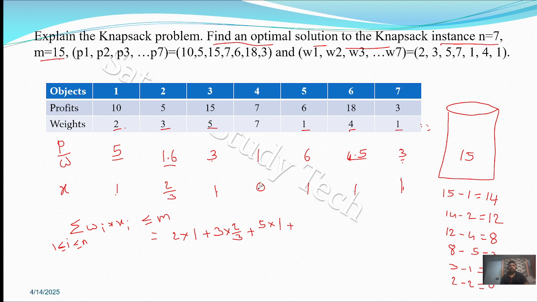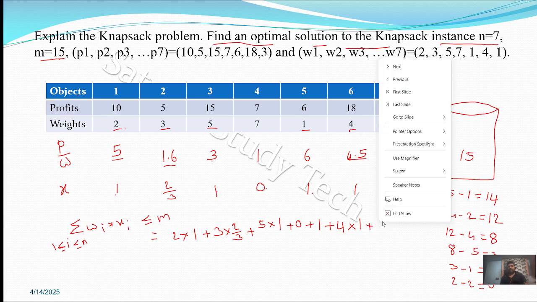Here it is 0. So 7 into xi value 0, that is 0, plus here the weight is 1. X value is 1. 1 into 1 is 1, plus here also we can take the complete object. Here 4. So 4 into 1, plus the next weight, the 7th object weight is 1.